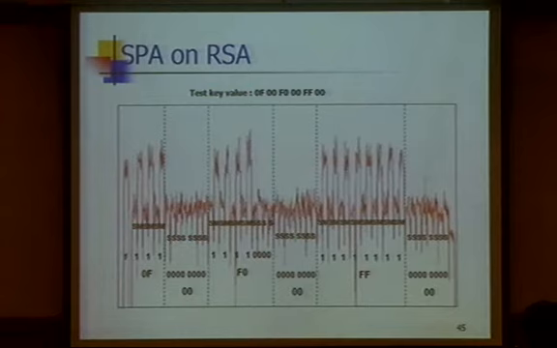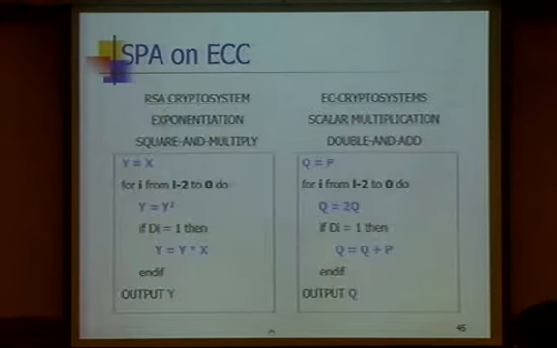This part means squaring, and this means multiplication. Multiplication after the squaring means that the exponent bit Ei is equal to 1. The same attack can also be applied to elliptic curve cryptosystems, like this.